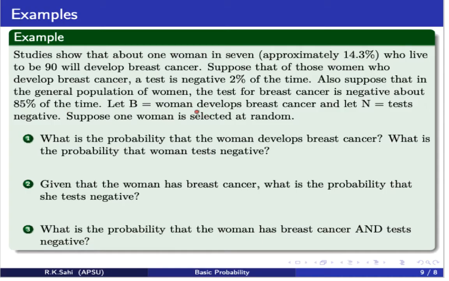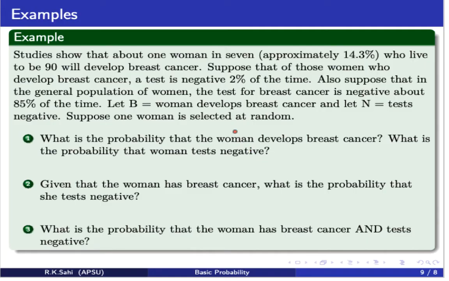Now let B be the woman that develops breast cancer and N be the tests that are negative. Now we select one woman at random. What is the probability that the woman develops a breast cancer? And what is the probability that the woman tests negative?